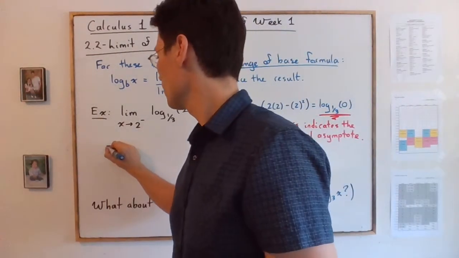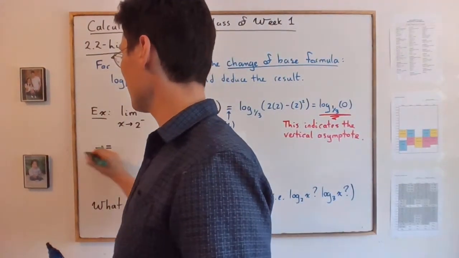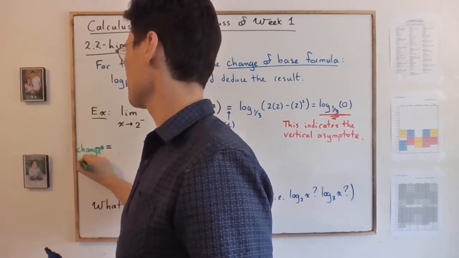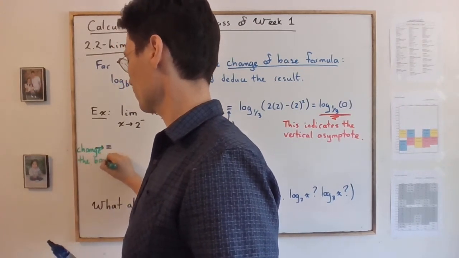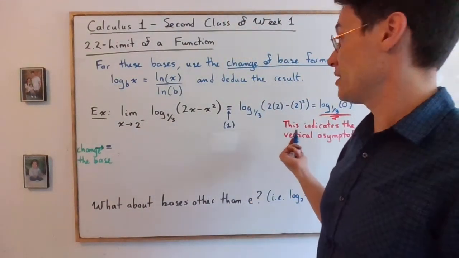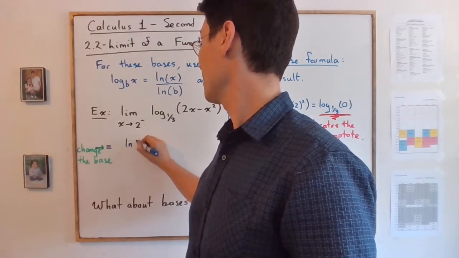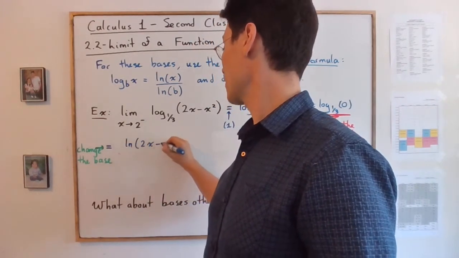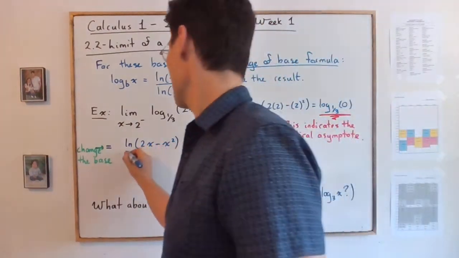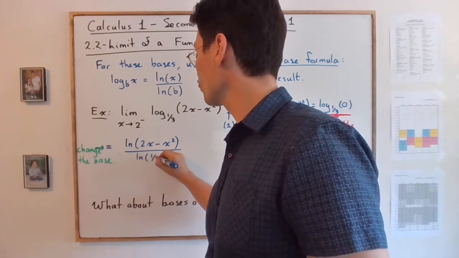I'm going to write it in green. What we do is we change the base, using basically the formula as is. We have ln of 2x minus x squared divided by ln of 1/3.